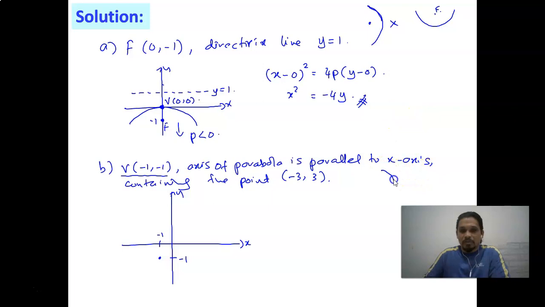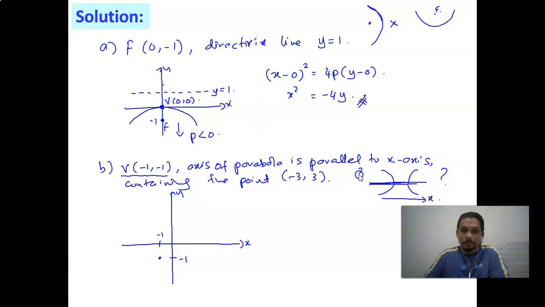It is either open to the left, and this is the axis of the parabola, the symmetrical line of the parabola, and this line is parallel to the x-axis. So the question is whether the parabola opens to the left or to the right.